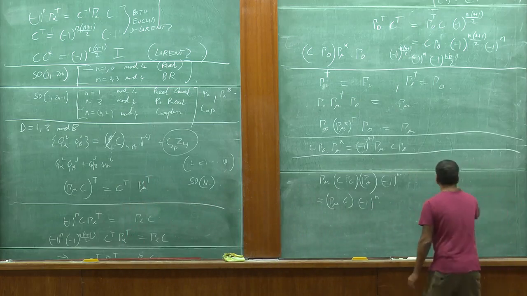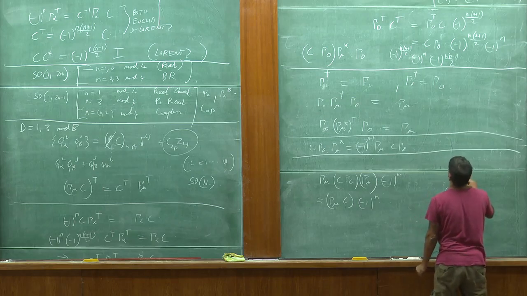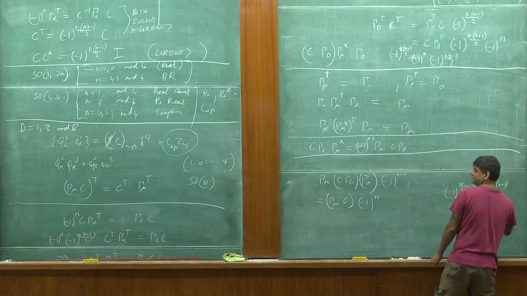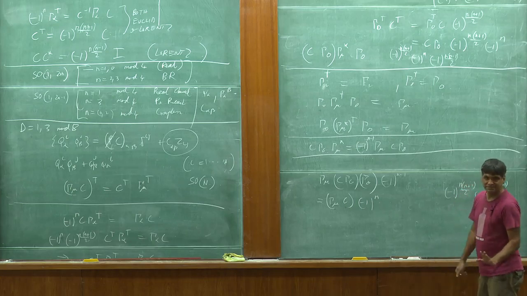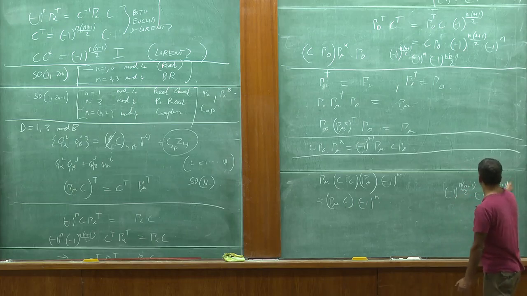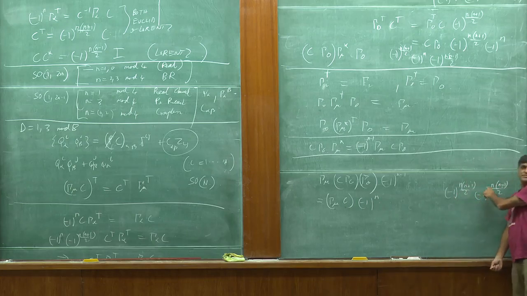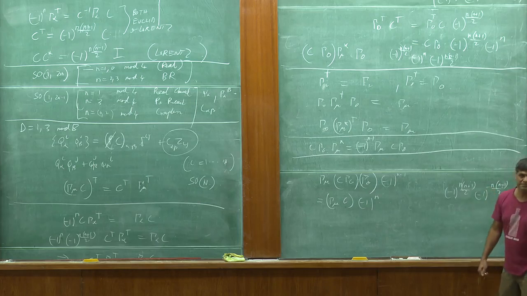No, we got minus 1 to the power n into n plus 1 by 2 into minus 1 to the power minus of n into n plus 1 by 2. Because that was n into n minus 1 or n into n plus 1? Sorry, minus 1. But I can put an overall minus sign because minus 1 to the power minus 1 is minus 1.